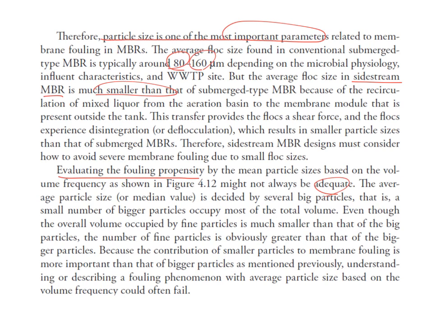Even though the overall volume occupied by fine particles is much smaller than that of the big particles, the number of fine particles is obviously greater than that of the bigger particles. So that's why we cannot just rely on the volume average particle size.